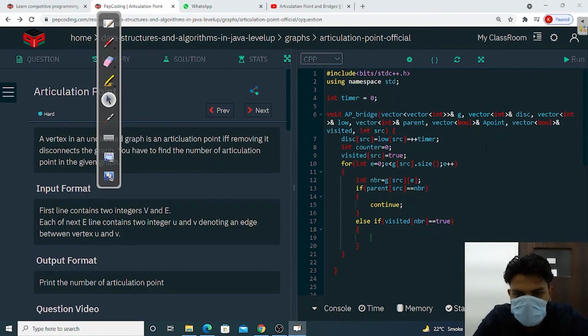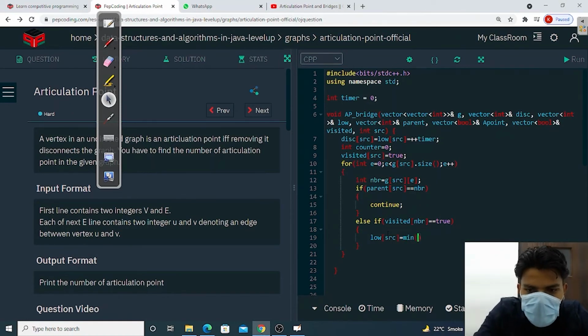Now we put this condition, and then we update our low of src according to the minimum of low of src and the discovery value of the neighbor.